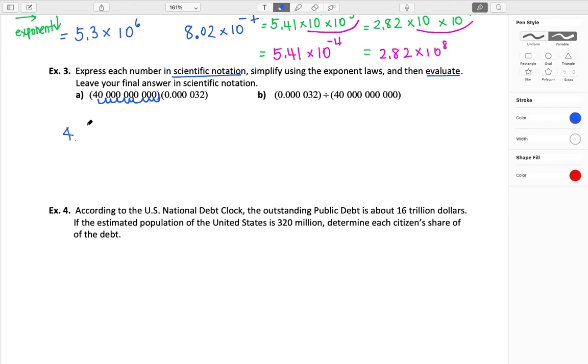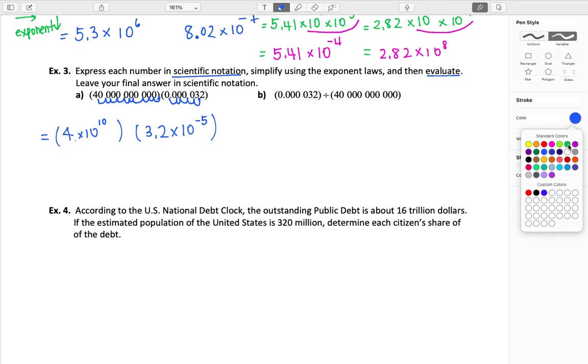And then times, we moved by 10 steps to the left, so it's a positive exponent. And then the next number, we're going to the right, so it's going to be a negative exponent because it's a small number. So 1, 2, 3, 4, 5. I stop when I have a non-zero. So it's 3.2 times 10 to the negative 5.